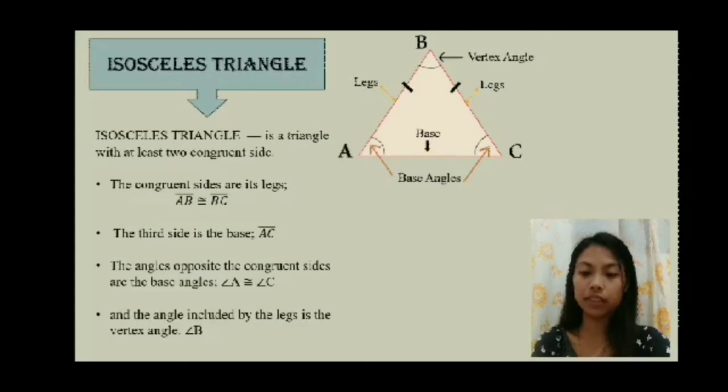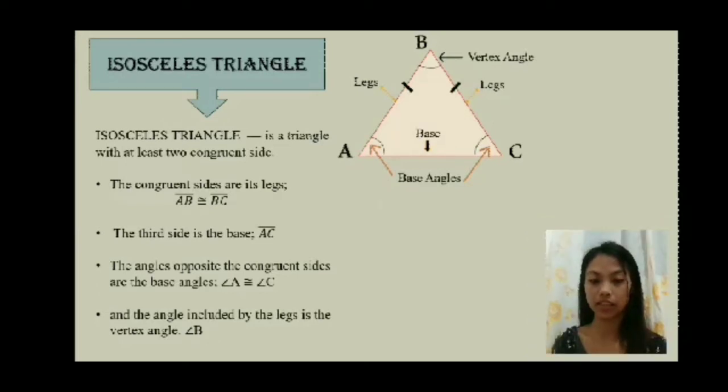So, our vertex angle for the triangle illustration is angle B. Note that in our isosceles triangle, we have two legs, one base side, two base angles, one vertex angle, and always the legs are congruent, same as the base angles.